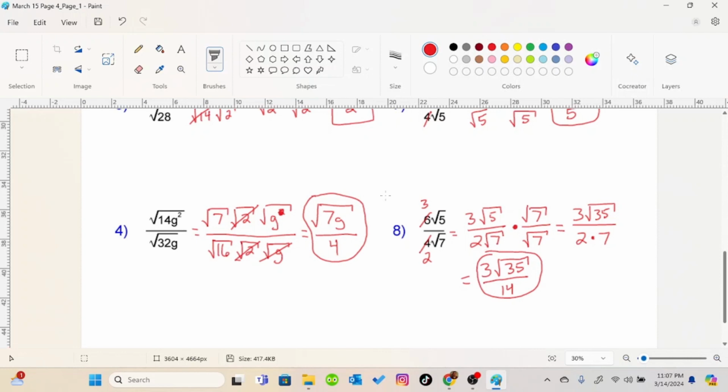If you have any questions about how to simplify radicals, how to add and subtract with radicals, how to multiply radicals, or how to divide radicals, please use class time to ask for further clarification.